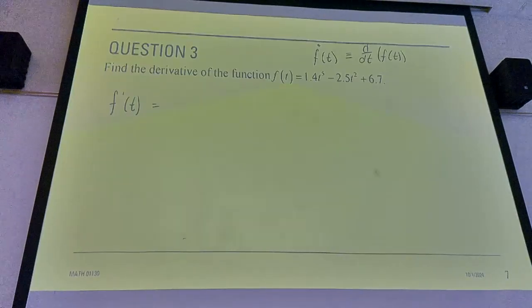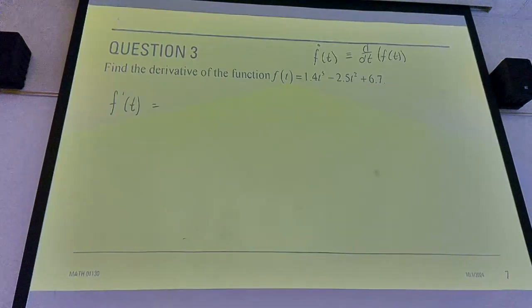Go term by term. Derivative of t to the fifth with respect to t. Because the respect to is important. No, just t to the fifth for right now.